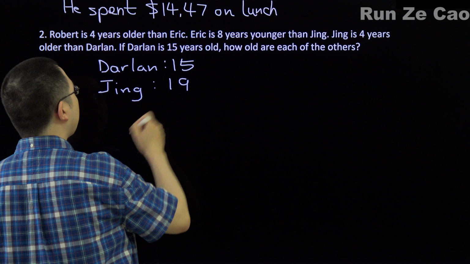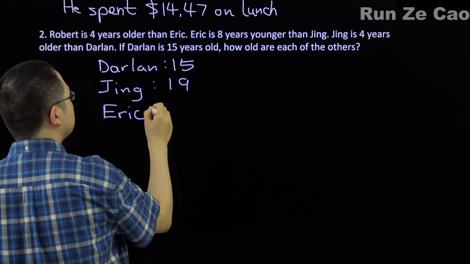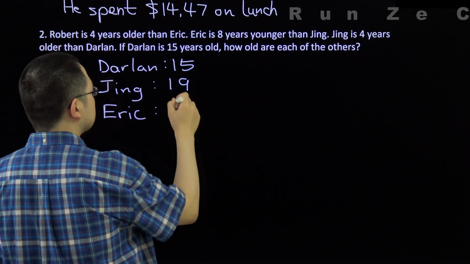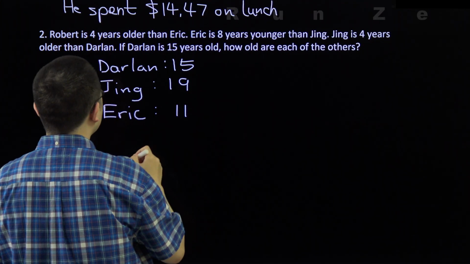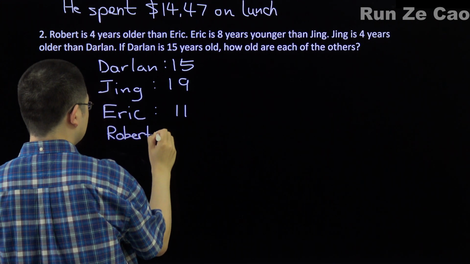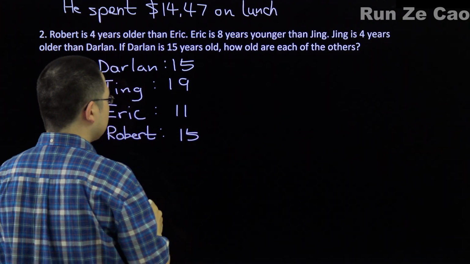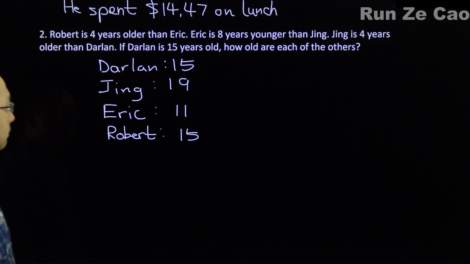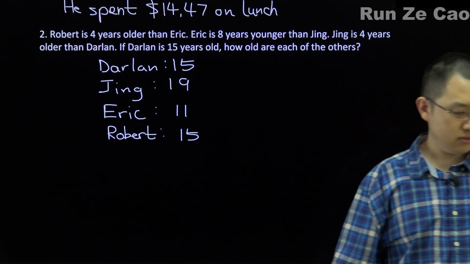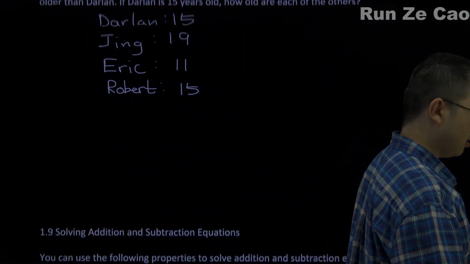But I kind of have my doubts about whether this problem actually qualifies as working backwards. Eric is 8 years younger than Jing, so 19 minus 8 is 11. And Robert is 4 years older than Eric. That means he is 15. There, we have given the answers by working backwards, quote unquote.